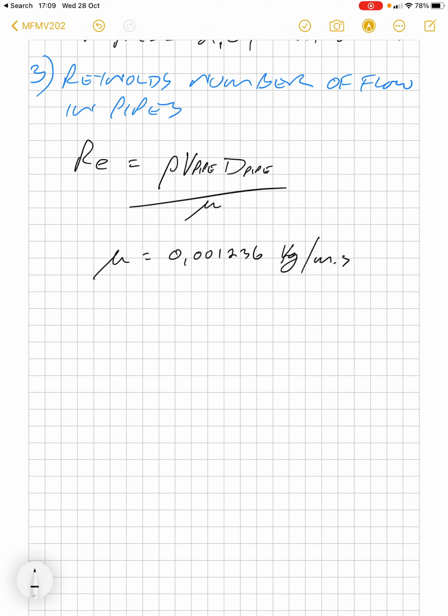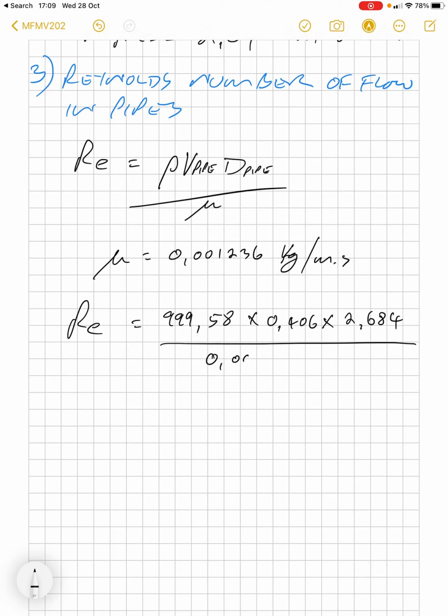We looked that up for 12 degrees C water. So substituting, I get 999.58 times 0.406, which is the diameter, times 2.684, the velocity in the pipe, divided by 0.001236, which is mu.